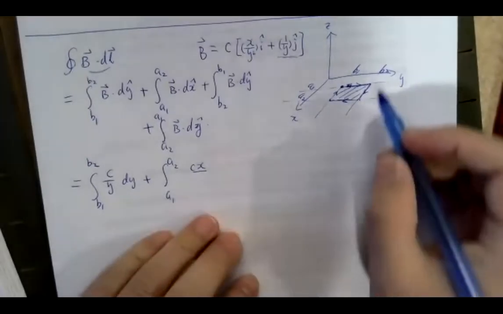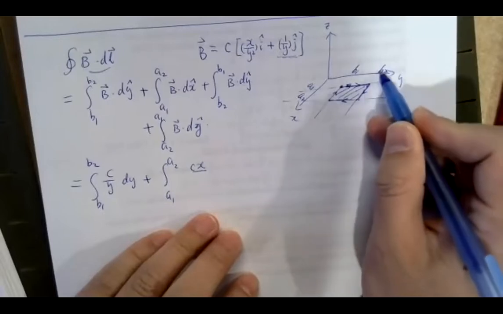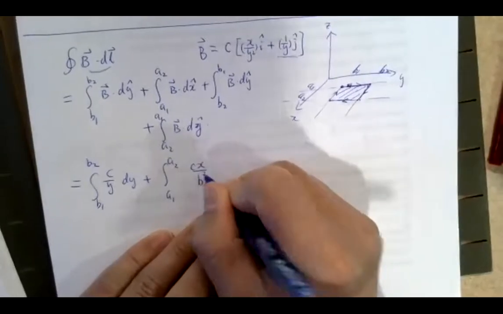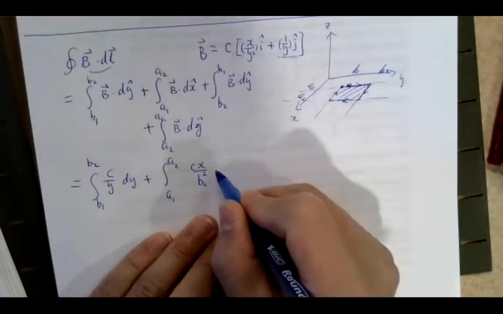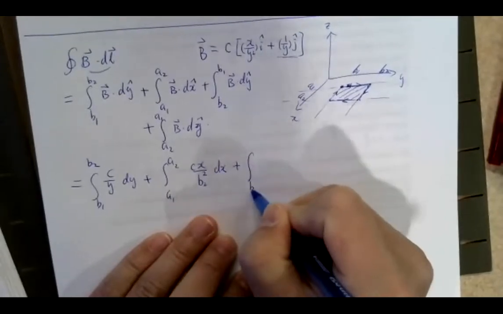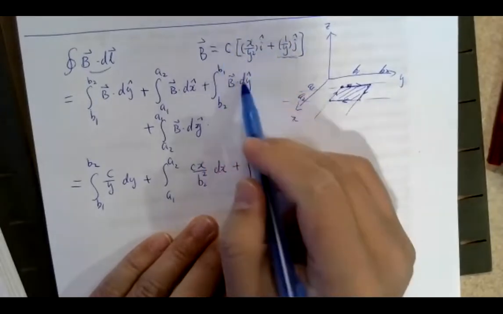So in this case, my Y from here to here, my Y is fixed, right? My Y is B2. So my B2 square. Right? And then this is dx plus the third one from B2 to B1. And my B field against this guy dot dy.